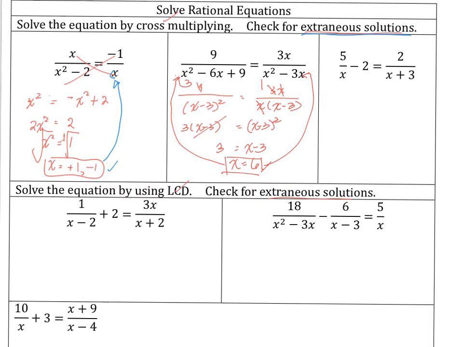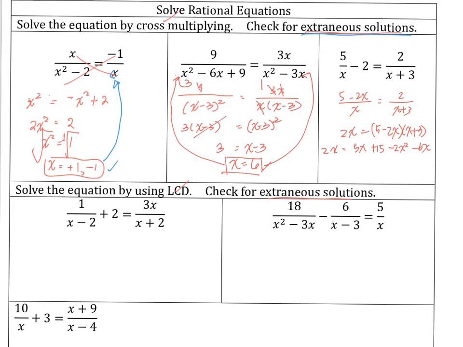And then next one. So combine the left-hand side of this equation, and now I'm going to cross multiply 2x and 5 minus 2x times x plus 3. We have 5x plus 15 minus 2x squared, and then minus 6x.